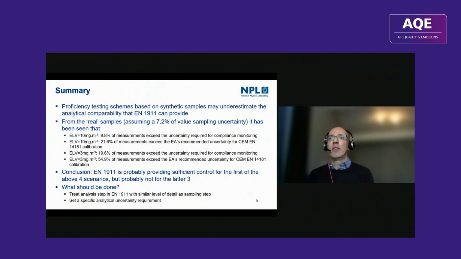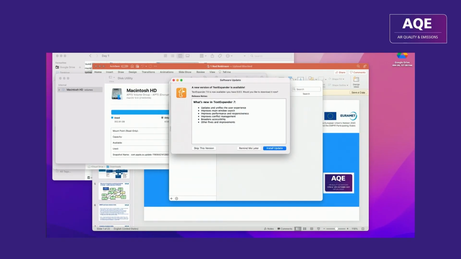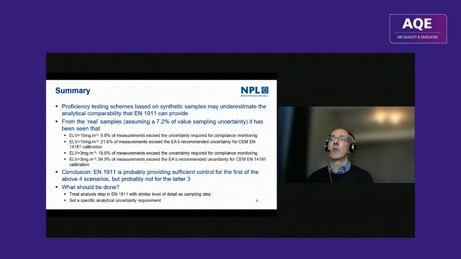Okay, so just to sum up at this point, we've seen that when we have proficiency testing schemes based on samples that don't have interferences, we might be getting a slightly optimistic view of the level of comparability across analytical laboratories that 1911 is giving us.